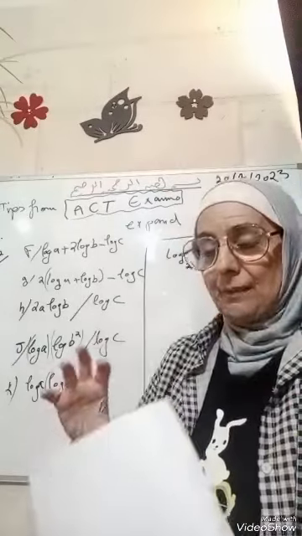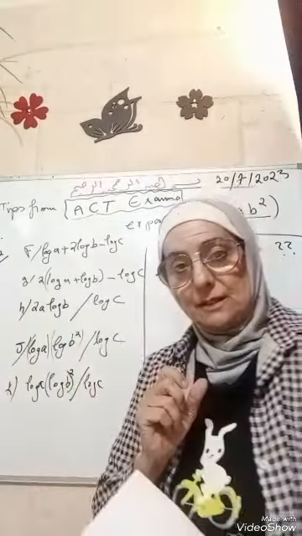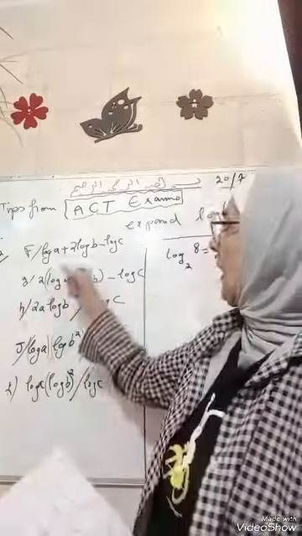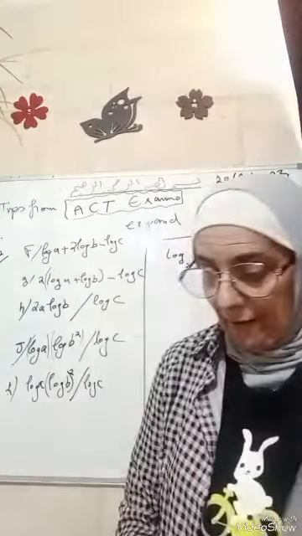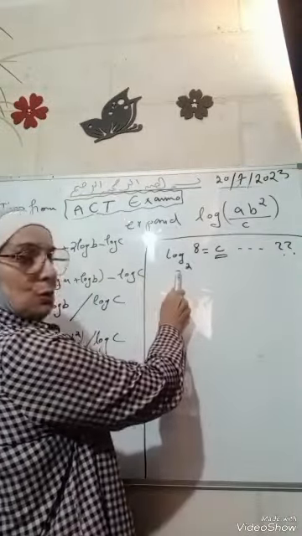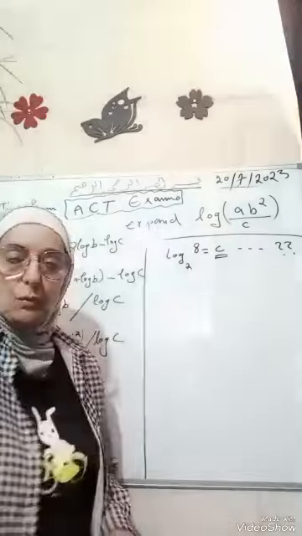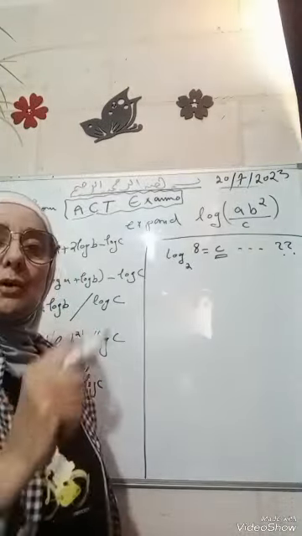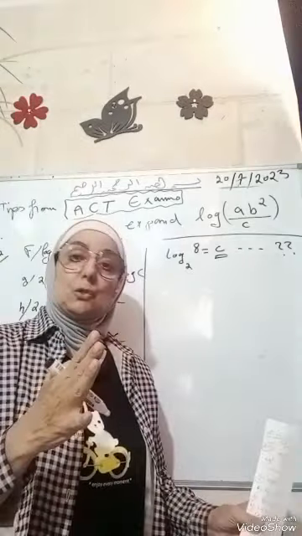I'm going to give a rapid idea about what a logarithm is and the laws I need so I can solve this problem. Beginning, what is the logarithm? If I say logarithm base 2 of 8 equals c, what am I talking about? Every time I say the word logarithm, it's related to exponents.